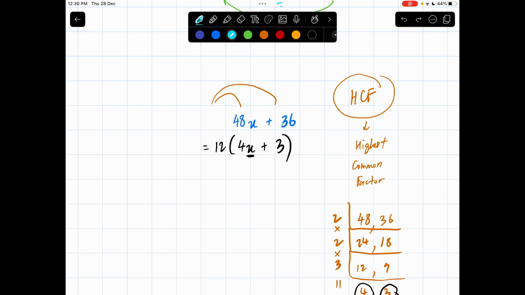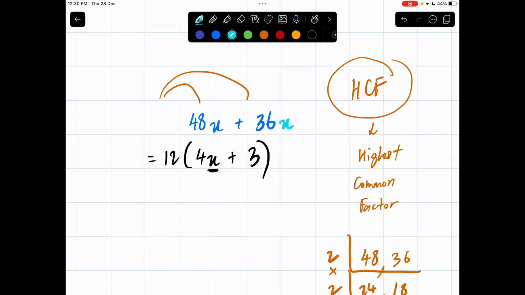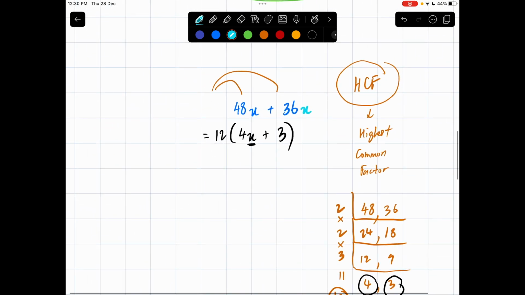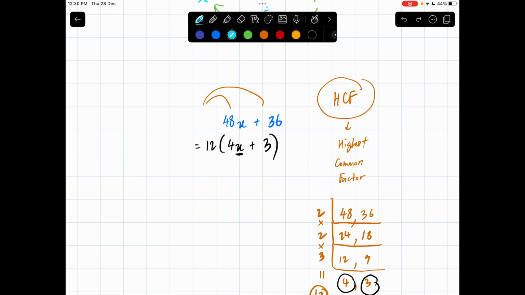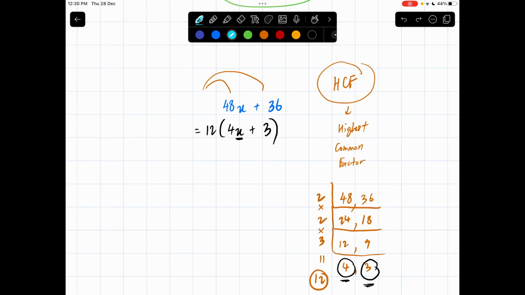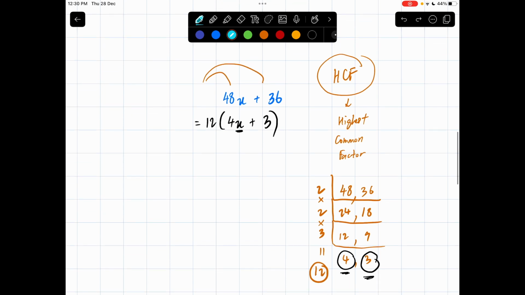If there were to be another x on this side, we will factorize the numbers first, then we'll factorize the alphabets. No worries, I'll show you another example so that you can understand it better. But that's the gist of factorization. You do highest common factor, and then you divide the number.